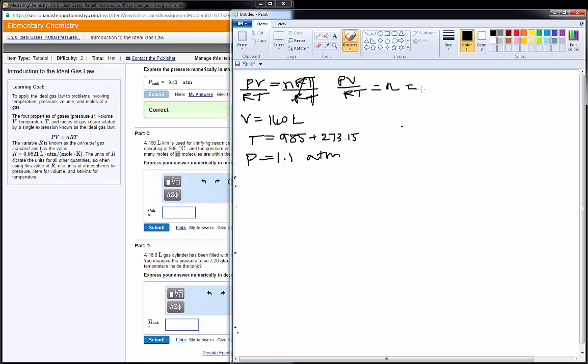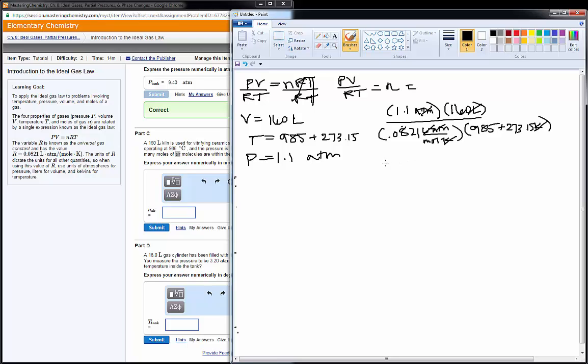So number of moles equals the pressure, that is 1.1 atmospheres, multiplied by the volume, 160 liters, divided by R, 0.0821 liter atmospheres per mole K, divided by the temperature, which in this case is 985 plus 273.15 K. Atmospheres divided by atmospheres, liters divided by liters, Kelvin divided by Kelvin, and now I have 1 divided by moles, which actually puts moles back on the top.